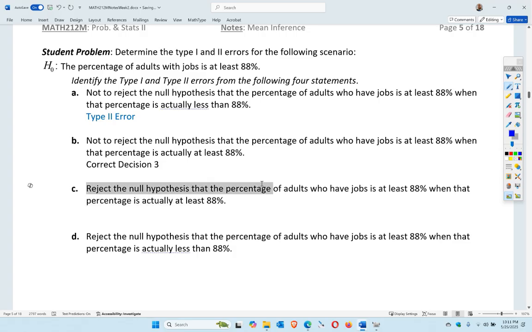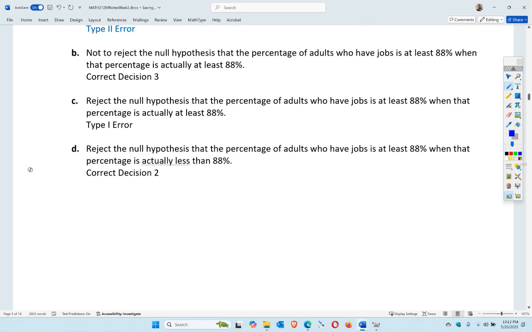You reject the null hypothesis and the percentage of adults with jobs is at least 88%, when that percentage is actually less. So that's actually wrong. You rejected it and it wasn't that way. So that's a type 1 error, right? It's a false positive because you rejected it and you shouldn't have. And if you rejected it and it was false, that is the correct decision.